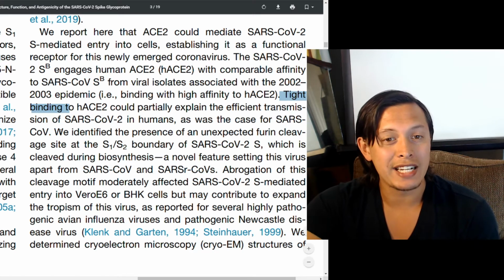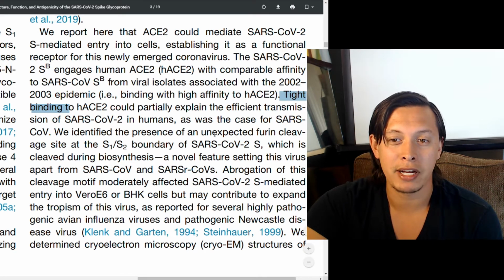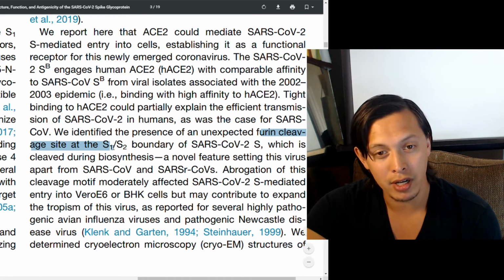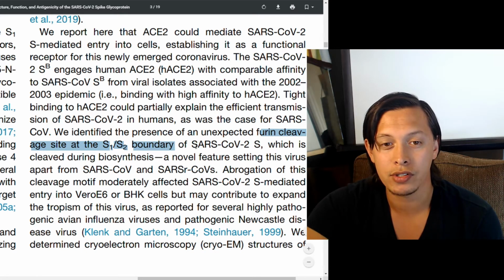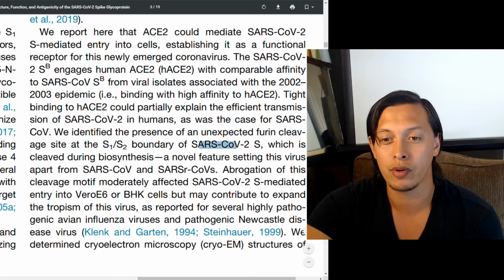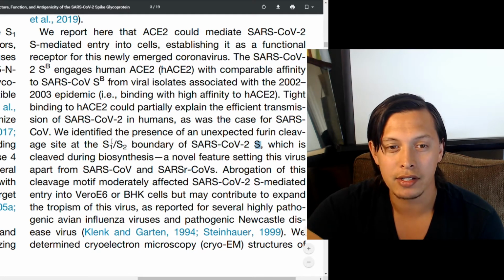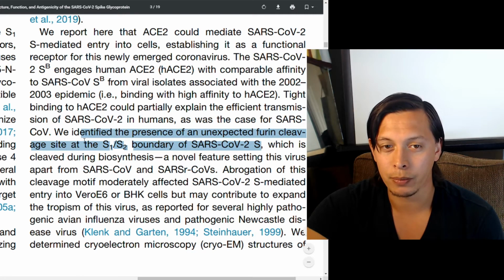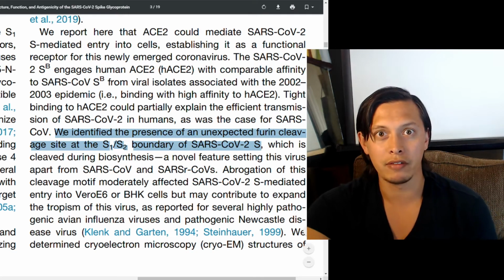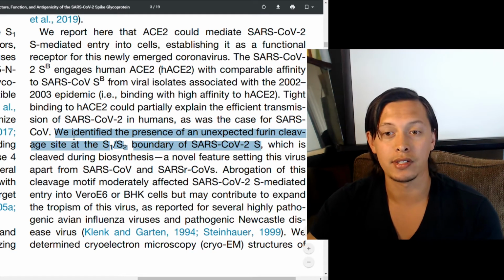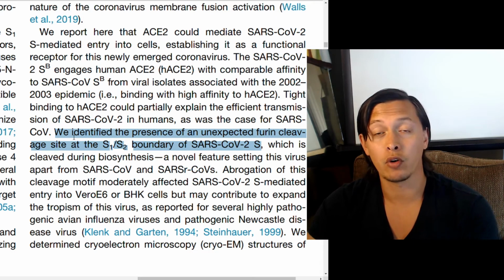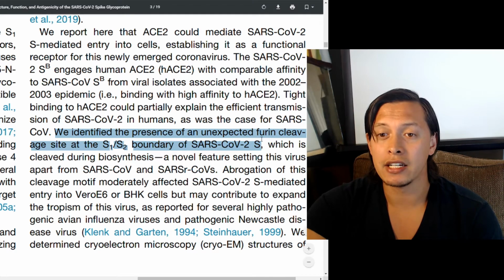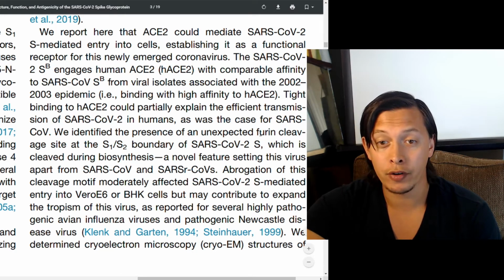We identified the presence of an unexpected furin cleavage site at the spike subunit 1, spike subunit 2 boundary of the SARS coronavirus spike. So, as I said earlier, proteolytic cleavage, or breaking apart proteins, is sometimes extremely important for allowing the virus to get into the cell. And I did another video on furin cleavage sites.